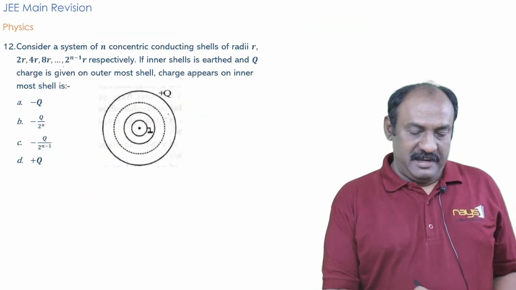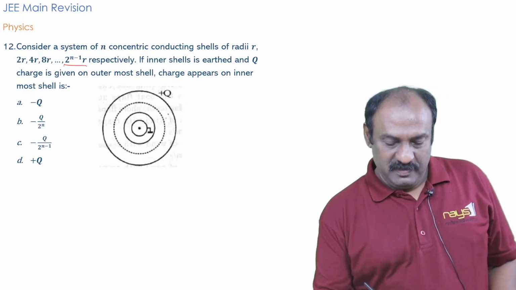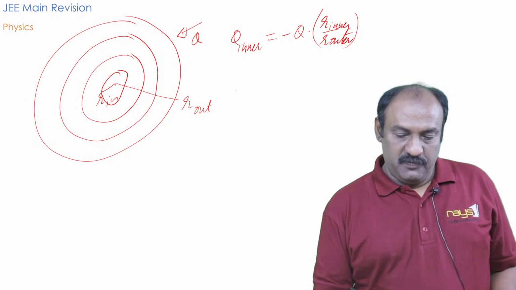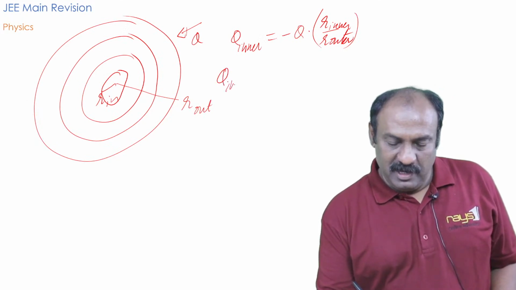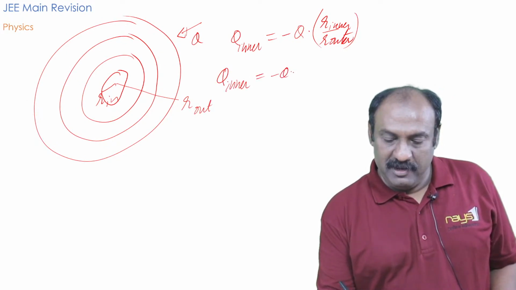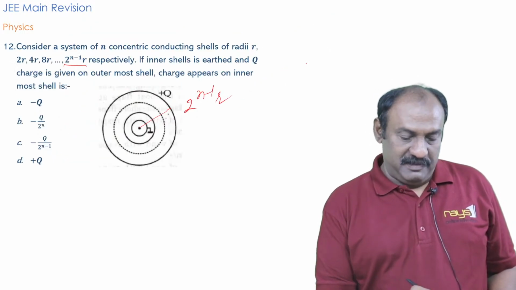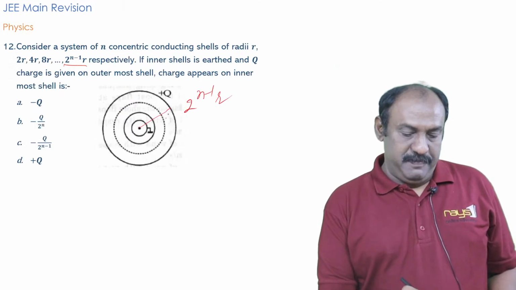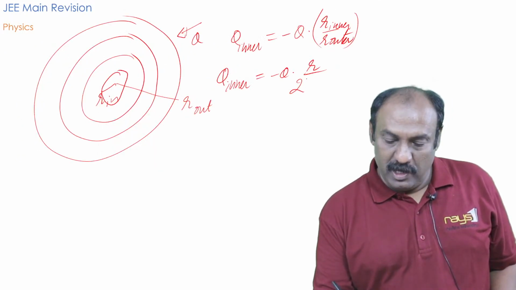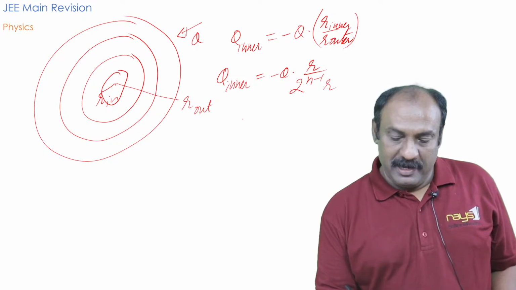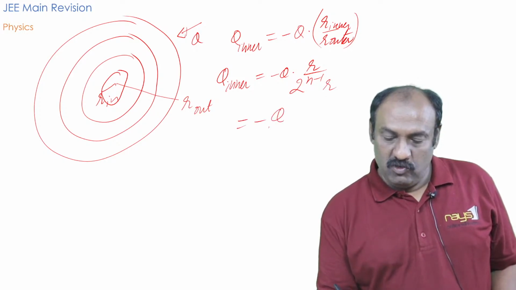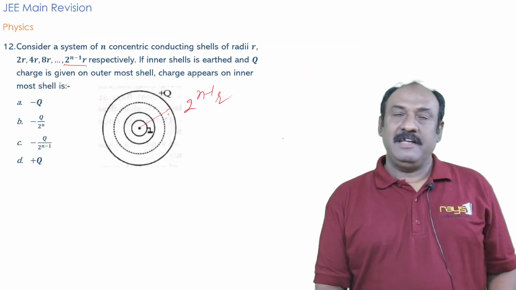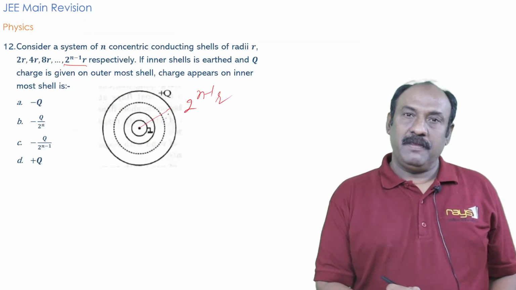See the question here. The radius of the outermost shell is given as 2 to the power n minus 1 into R. Therefore the charge on the innermost shell is equal to minus Q into the radius of the innermost shell, small r, divided by 2 to the power n minus 1 into R. This R gets cancelled, that is minus Q by 2 to the power n minus 1, the charge present on the innermost shell when it is earthed.